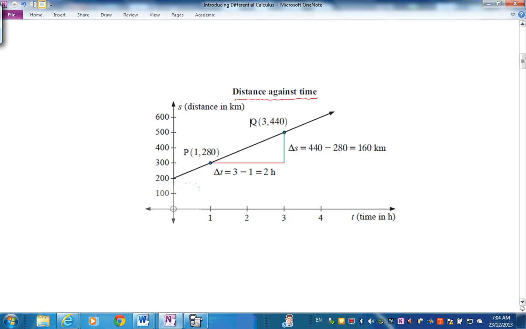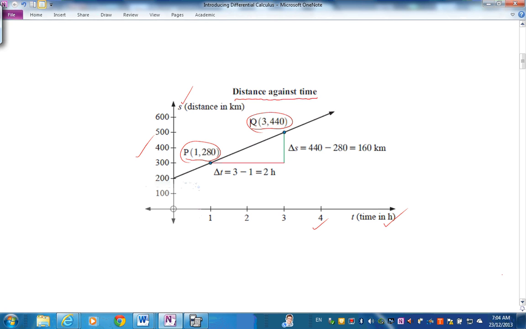If you plot distance in kilometres against time in hours, just watch the labelling and the scale of any graphs you draw, you might find the body at point P after 1 hour has gone 280 kilometres, and at Q after 3 hours, it's gone 440. Can you work out the velocity of this body?